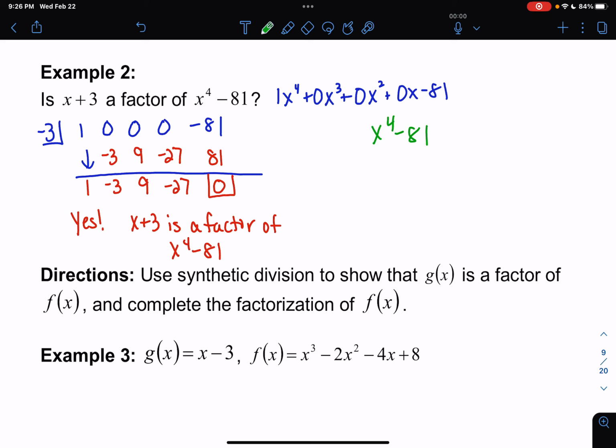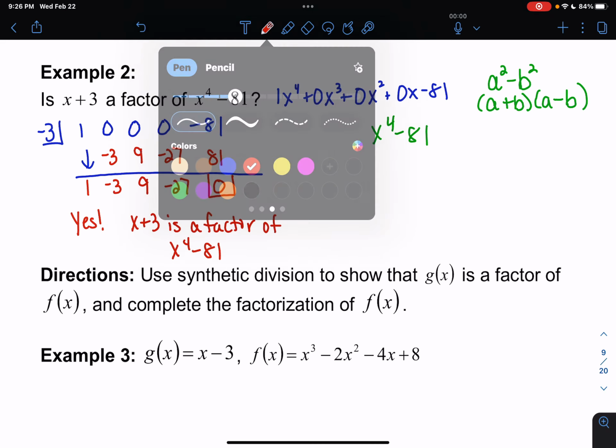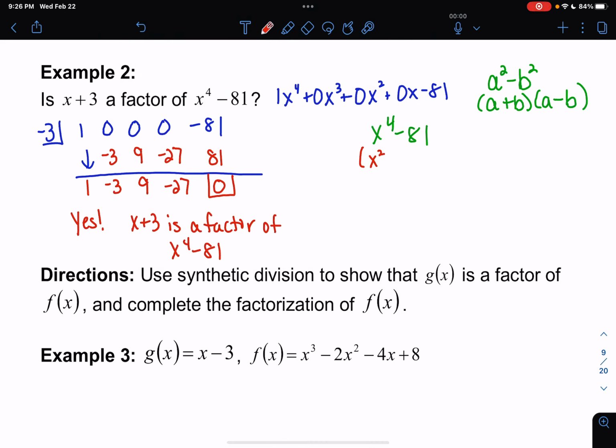For example, if we have a difference of squares, if our polynomial can be written in the form of a perfect square minus a perfect square, then the factors are a plus b and a minus b in our model equation. Now, x to the fourth is a perfect square. In fact, we can write it as x squared to the second power. And 81 is also a perfect square, which we can write as 9 to the second power.